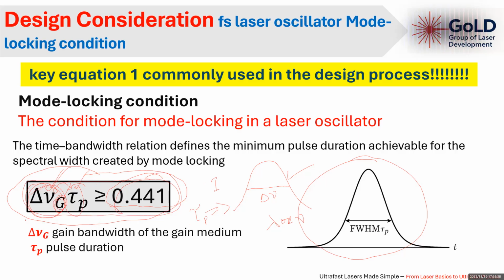If it satisfies this condition, greater than or equal to 0.441, then we can achieve the mode locking. If not, then we cannot achieve mode locking. And mode locking is necessary to generate femtosecond or short pulses. So this is the first key equation.